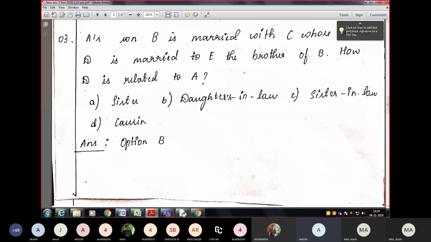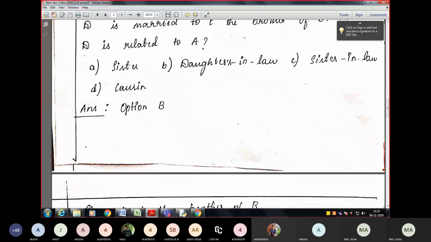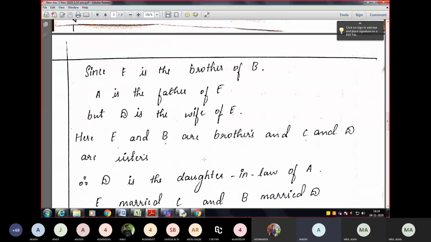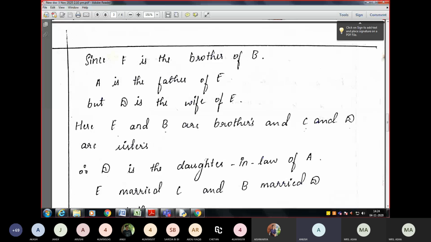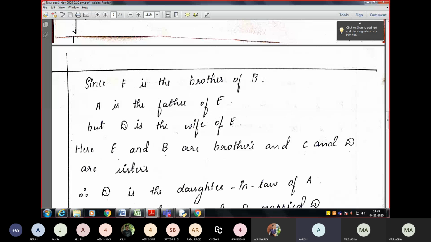Since E is the brother of B, A is the father of E. D is the wife of E. Here E and B are brothers and C and D are sisters. Therefore, D is the daughter-in-law of A. And fourth one.